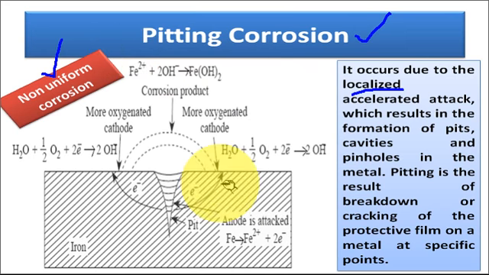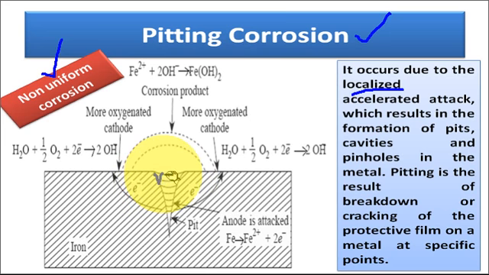Okay. So in such type of corrosion, let us take an example where this is the metal surface. In this metal surface, suppose at some point only a small crack in the oxide layer is there.